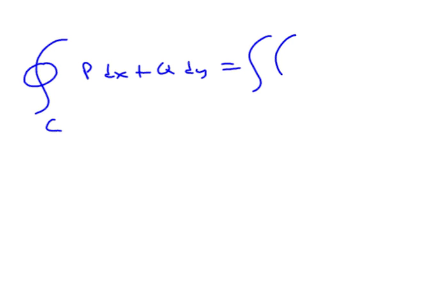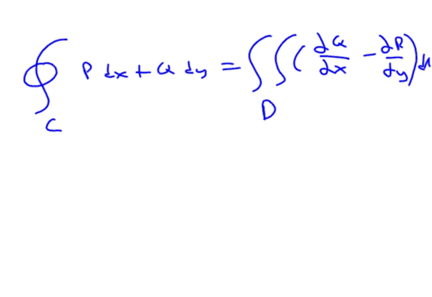double integral over the region D that's enclosed by the curve C of partial q partial x minus partial p partial y dA. Okay?